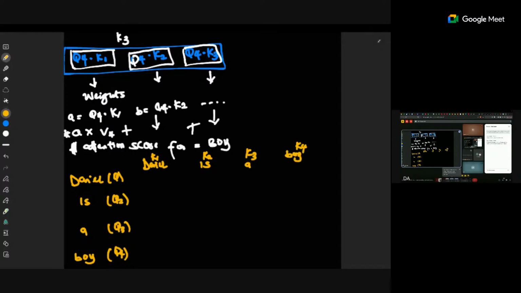If I'm trying to calculate the attention score for Daniel, all I need is just Q1 of Daniel and K1 of Daniel. Now if I'm trying to predict for the word is, I'm using Q2 and K1 of Daniel, then, of course, Q2 and K2 of is for itself. So you still have to find how important it is for itself.